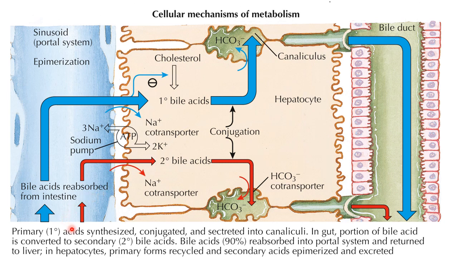The primary acids are synthesized, conjugated, and secreted into canaliculi. In the gut, portion of bile acid is converted to secondary bile acids. However, the bile acids reabsorb into the portal system, that's your enterohepatic recycling, and return to the liver. In hepatocytes, the primary forms recycled and secondary acids epimerized and excreted.